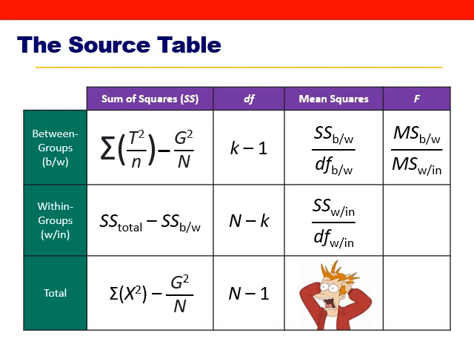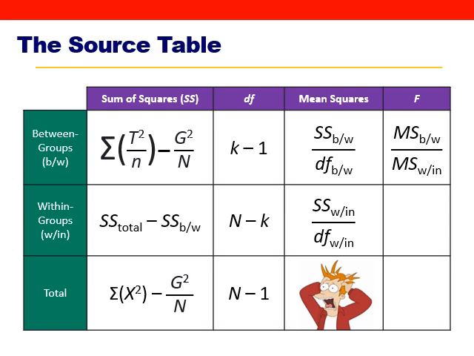In the first column of this table, we have 3 formulas, each of which calculates something called the sum of squares. From top to bottom, we have the between groups sum of squares, the within groups sum of squares, and the total sum of squares. In the second column, we have 3 degrees of freedom values.